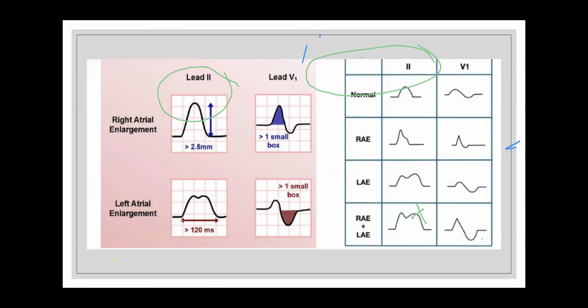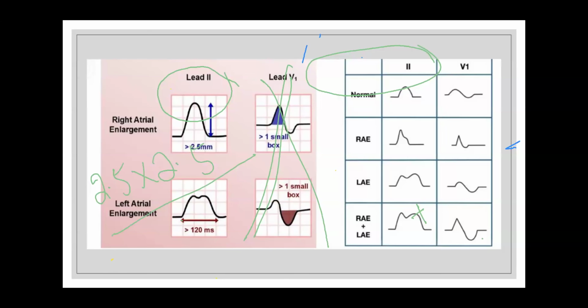Just remember one thing, you'll be confused with two things. So many things are for the exam. Just remember lead 2. Normally, what is the length? If you want to remember the length, learn 2.5 by 2.5. Just make life easy.